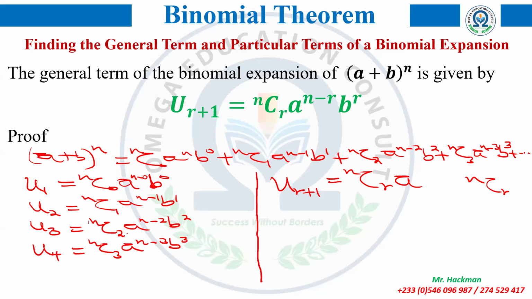If this is 2, it is n minus 2. So if this is R, it will be n minus what? When it is 0, we write 0 here. When it is 1, it will be minus 1. When it is 2, minus 2. When it is 3, minus 3. So when it is R, it will be minus R. I hope you get the point.